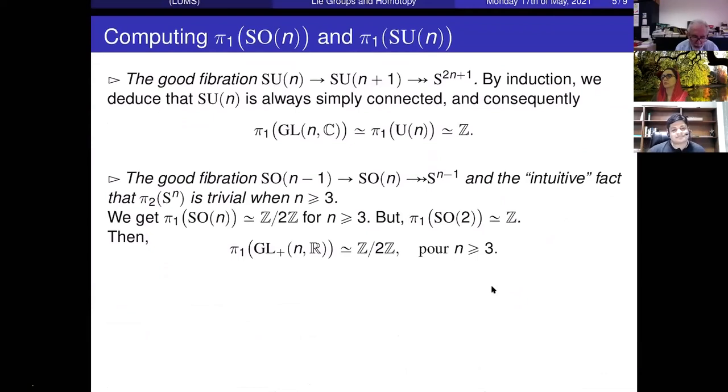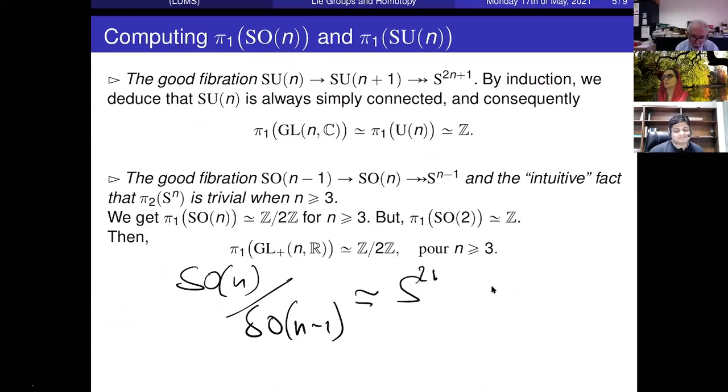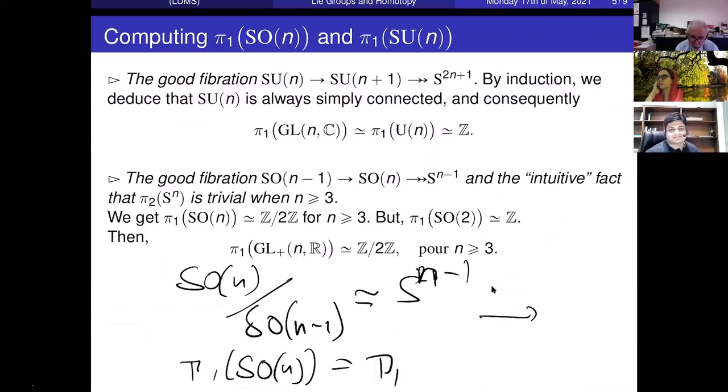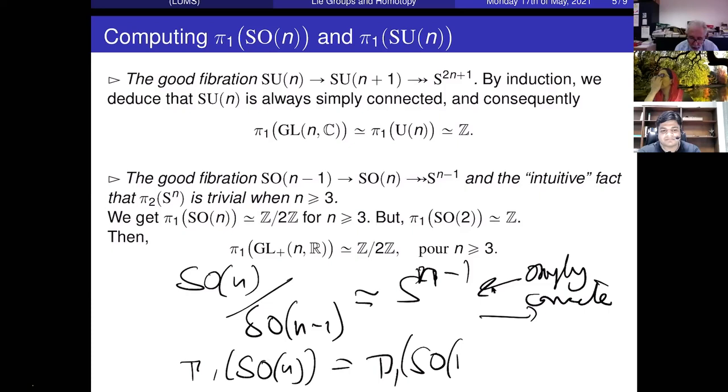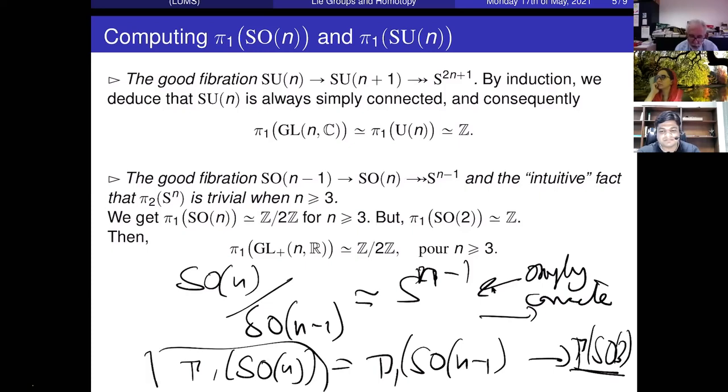So now let us see SOn. SOn over SO(n-1) is S^(n-1). We write the long exact sequence of homotopy. We find by induction that SOn has the same, because this one is simply connected. You arrive till SO3, and so we see that all these groups have Z over 2Z as their fundamental group.